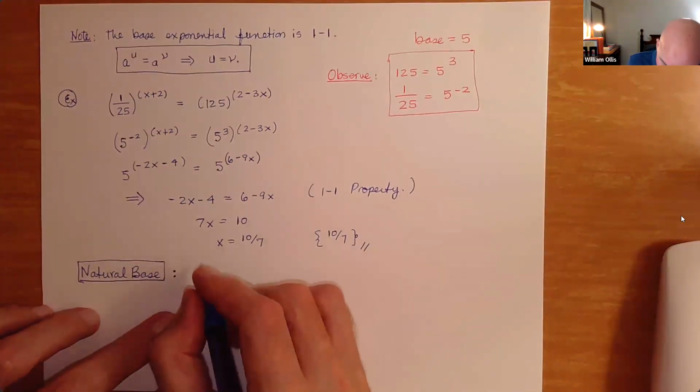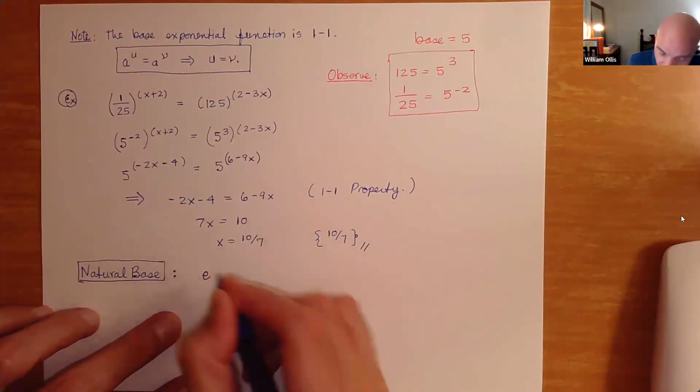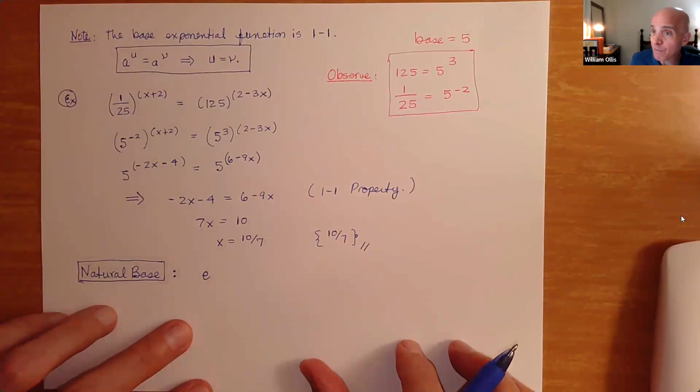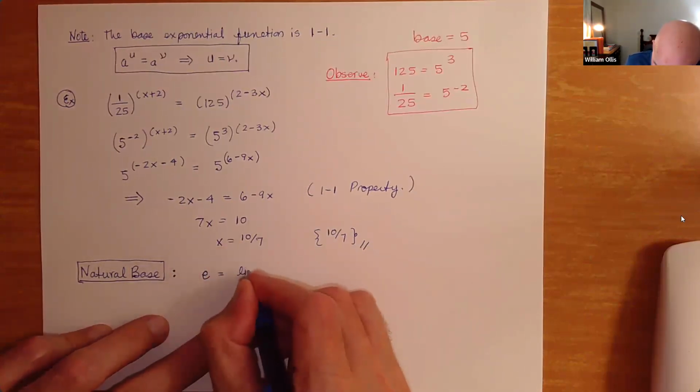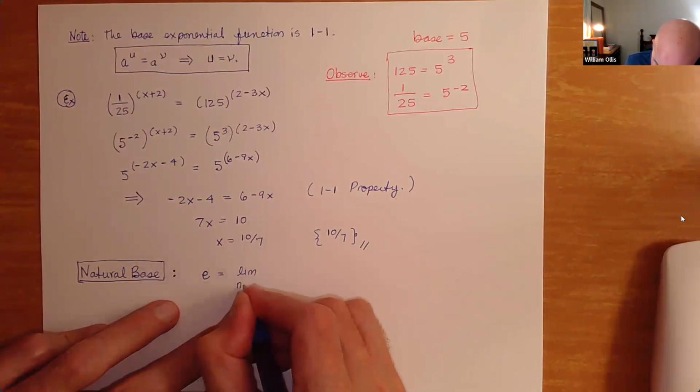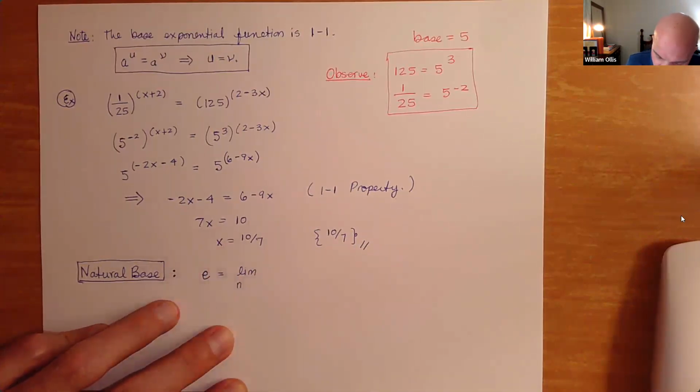So the natural base we will denote by the letter e, for Euler, the famous mathematician Leonhard Euler. And it will actually be a limit. The limit as, and of course, we can use n, we can use all kinds of letters.